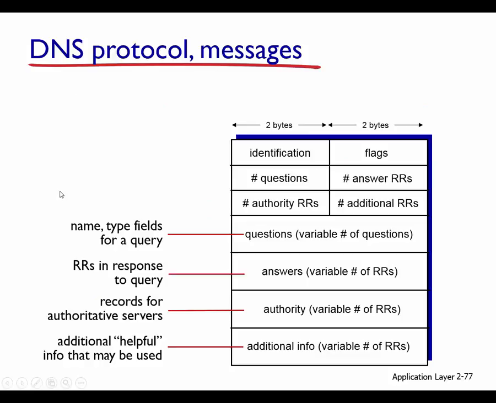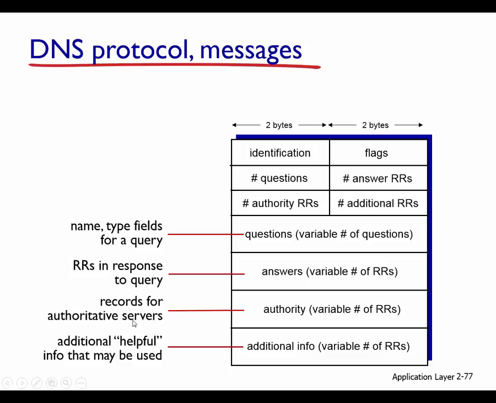Okay, so once we get past that, we actually have the actual information in the message. You will have in here the name and the type fields for a query. So basically, this is the information that I'm looking for. When you respond, the domain name server will respond with resource records that are in response to that query.